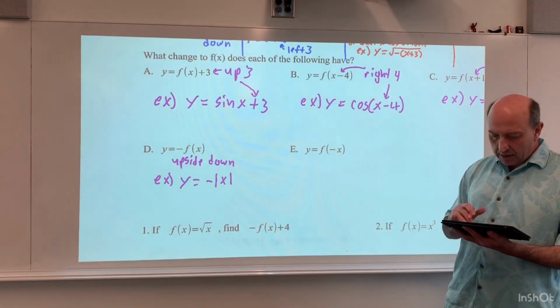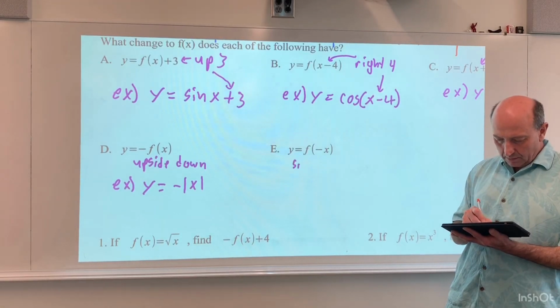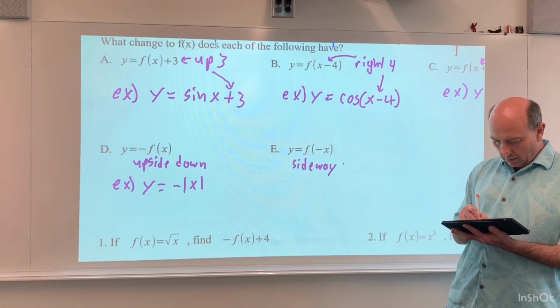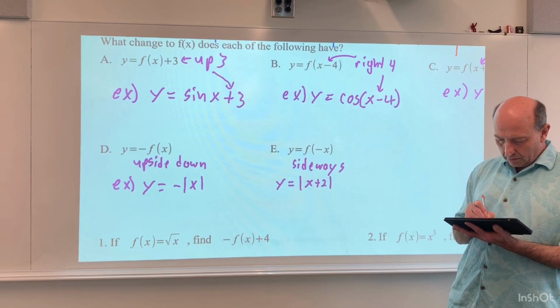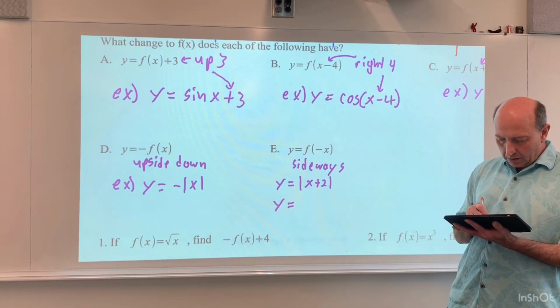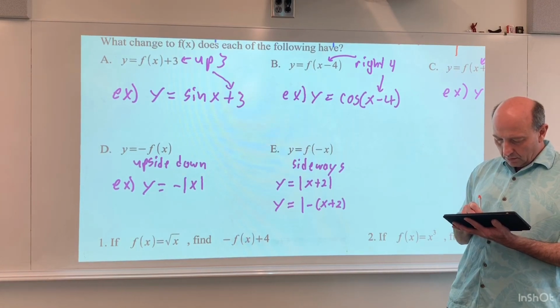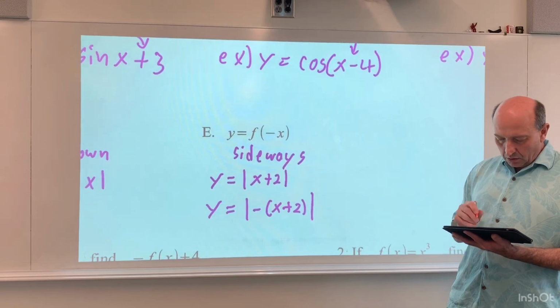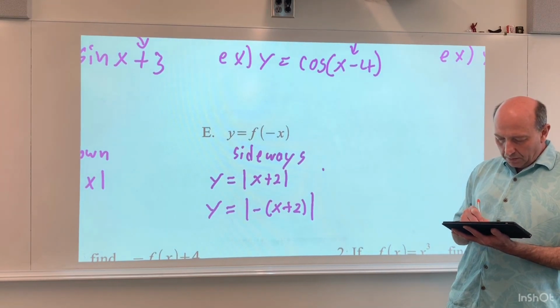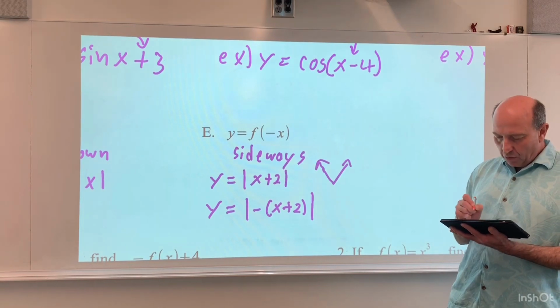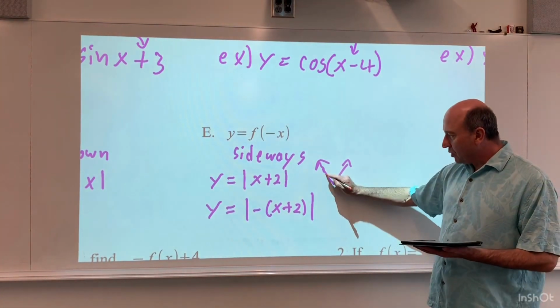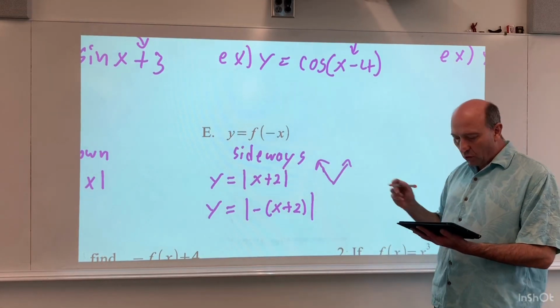f of negative x, that's a flip sideways. So if you have y equals the absolute value of, say, x plus 2, and you flip that sideways, it would look like this. So the absolute value of x plus 2, that's a v. Now, if you flip it sideways, this half goes over there, and that half goes over there.